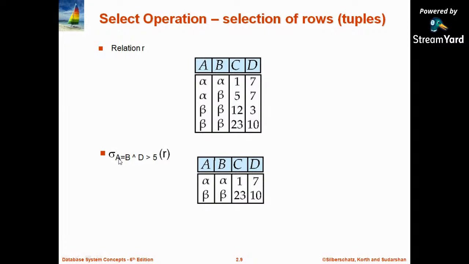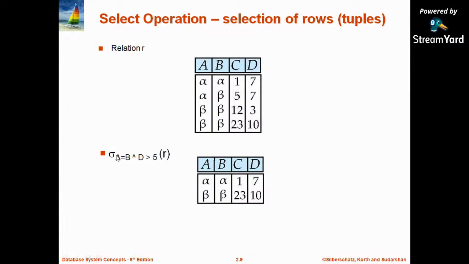Under the sigma, you have to write the logical formula, and in this logical formula, you use the column names or attribute names and apply the condition. Whatever formula you write here, its value will always be true or false.